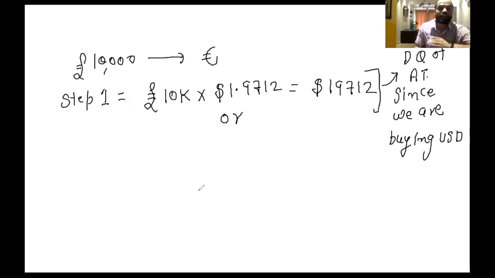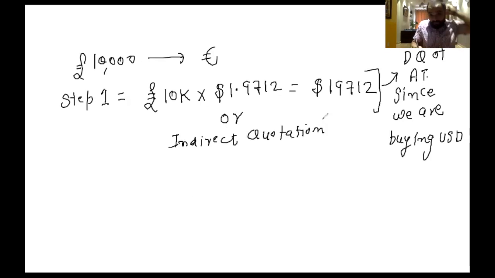Which means 1 divided by 1.97, not 1.7, because ask, right? Whatever is the ask. So that's what you can do. Or you can use indirect quotations, whatever you like. That's the first step, we got it.